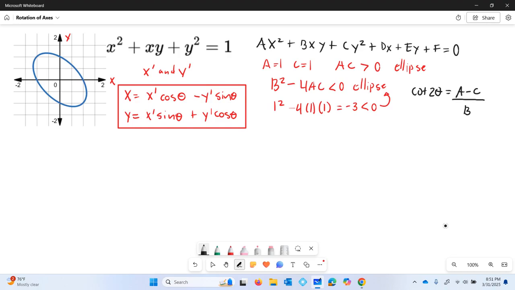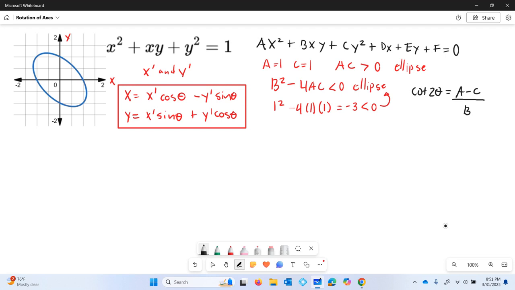In any case, you'll realize that theta can be restricted from 0 to pi, because if you rotate the axes more than that, you're just back to where you started. So we should be mindful of that.